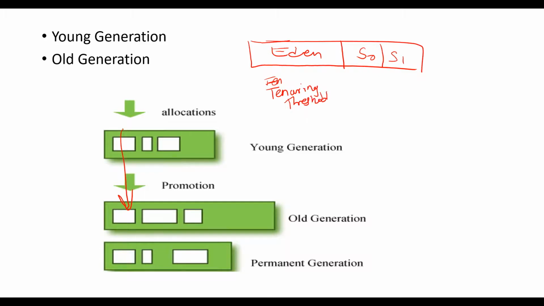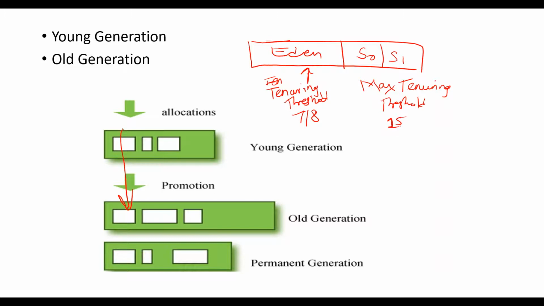This tenuring threshold is defined for your Eden space. It is either 7 or 8, and for the survivor space you have the max tenuring threshold. This value is typically 15.